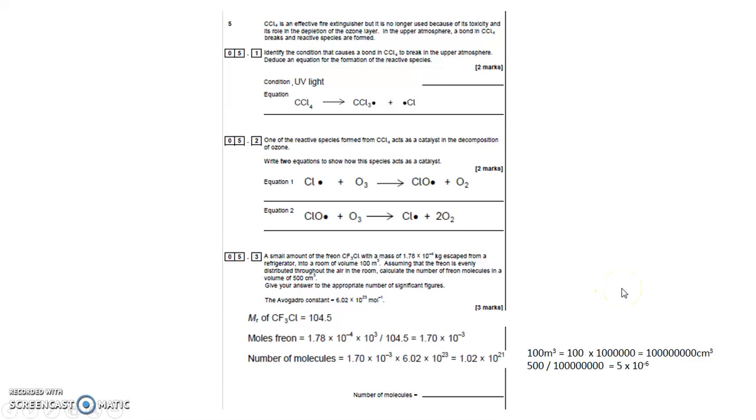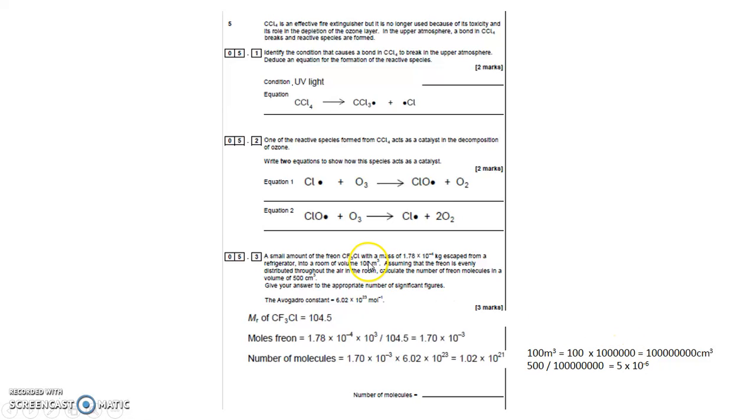100 centimetres length. 100 times 100 times 100 is 1 with 6 noughts. That's the number of centimetres cubed, a million, 1 times 10 to the power 6. That is the number of centimetres cubed in a metre cubed.